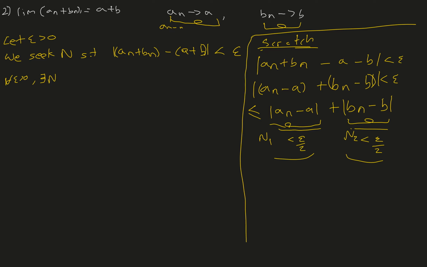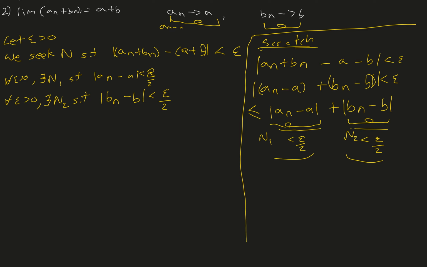So let's do the proof formally. For all epsilon greater than 0, there exists an n1 such that for all n greater than n1, |an − a| is less than epsilon over 2. And for all epsilon greater than 0, there exists an n2 such that for all n greater than n2, |bn − b| is less than epsilon over 2.